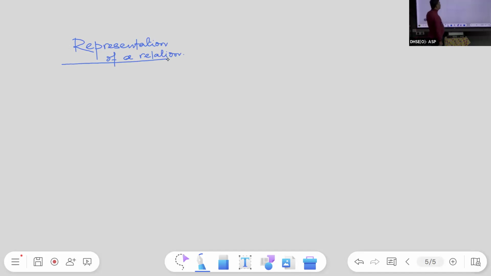Representation means how to write a relation or how to express a relation. A relation is nothing but a set, and you know a set can be represented in two different ways, either in tabular form or set builder form. Similarly, a relation can be represented in tabular form and set builder form. Apart from that, another form is known as diagrammatic representation of a relation.